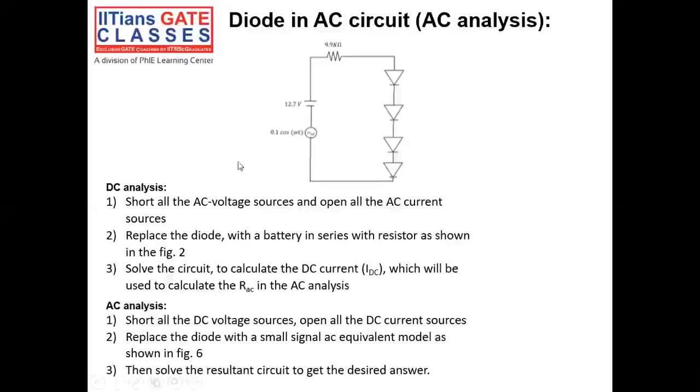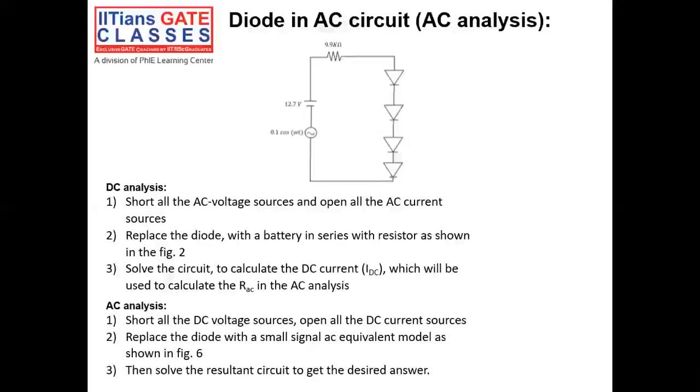Is it clear? So how to solve this kind of question? First, we have to do the DC analysis, followed by the AC analysis. Now we will learn one by one how to do the DC analysis and then the AC analysis.